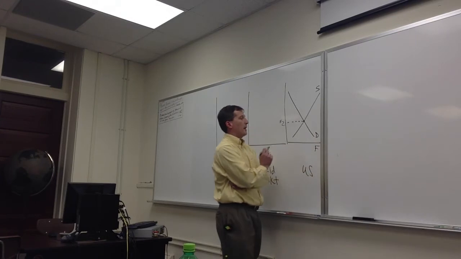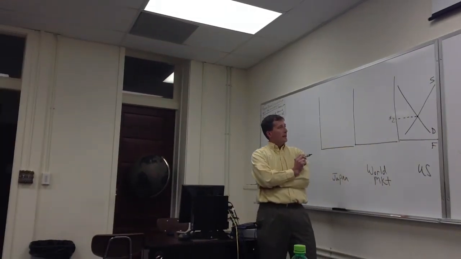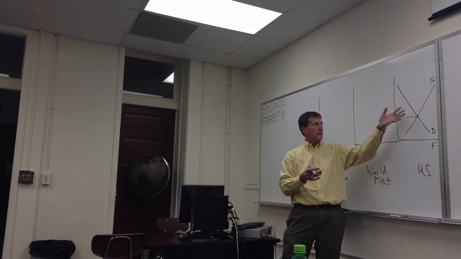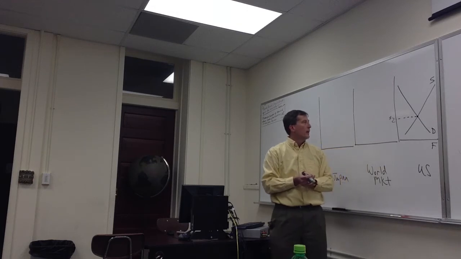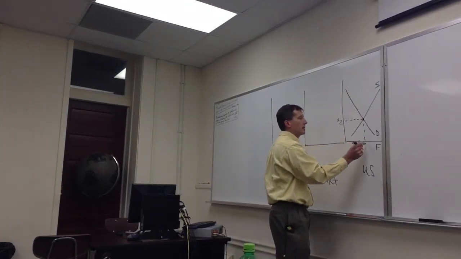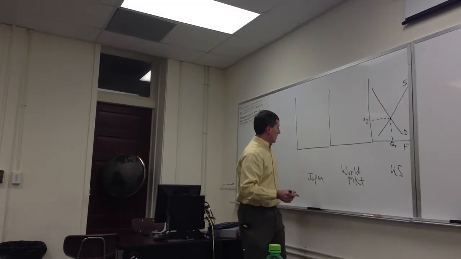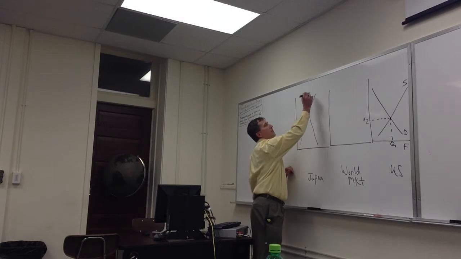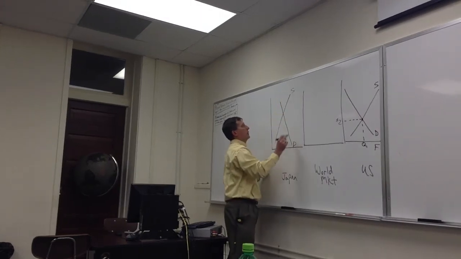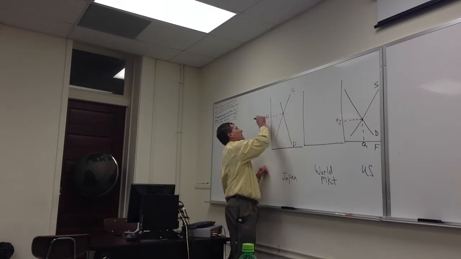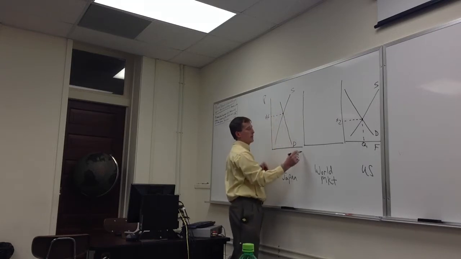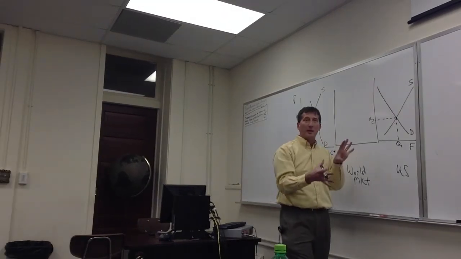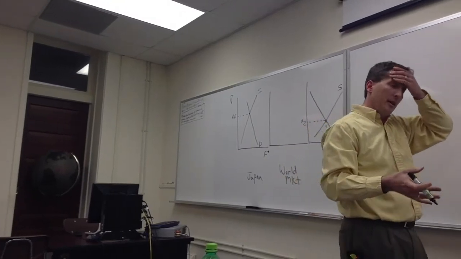So if our food product was soda, then without anybody out there in the rest of the world, given their resources and technology, the United States could produce and consume very happily at $2. Over in Japan, their resource base made them a higher cost producer of soda. And it cost them $5 to make every unit of food. And so there was room for these two parties to get together and make each other better off.